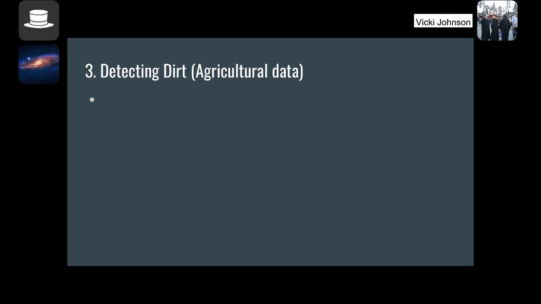Detecting dirty agricultural data. The Food and Agricultural Policy Research Institute gets its data from all sorts of sources. Each of these sources alone could be laden with errors of every kind, from foreign sources which may deliberately skew data to taking data over a phone conversation.